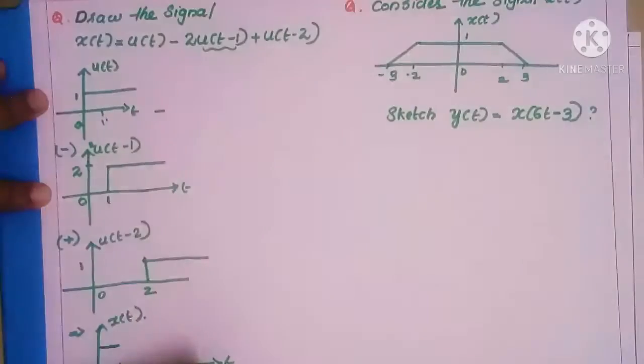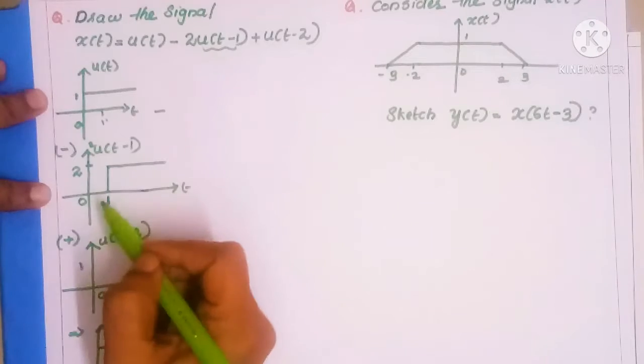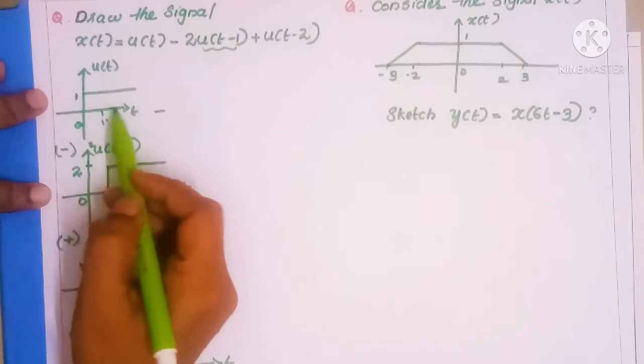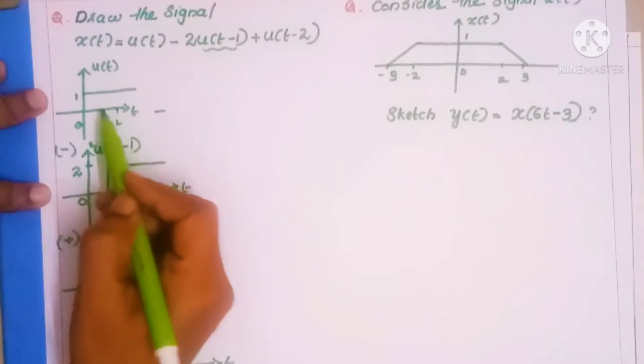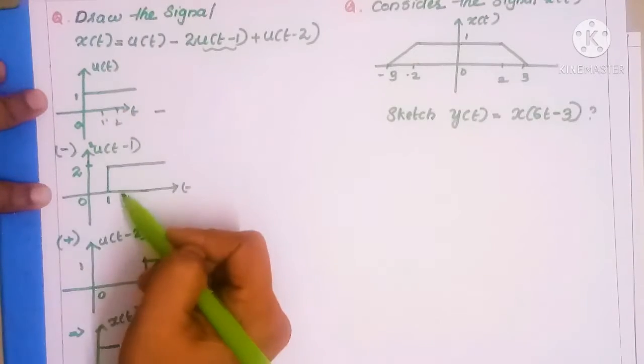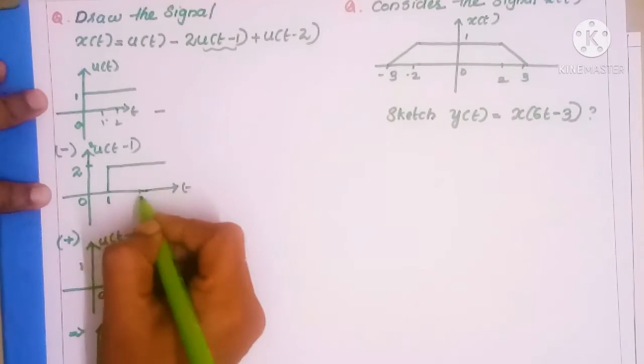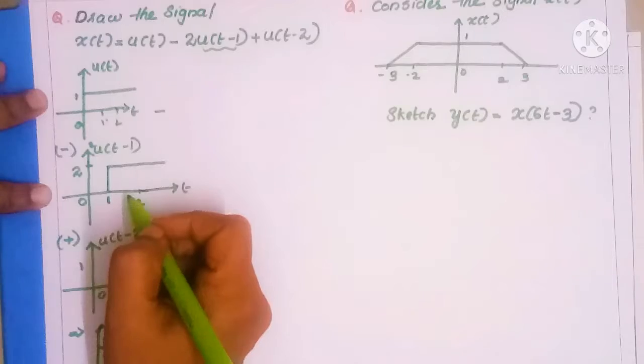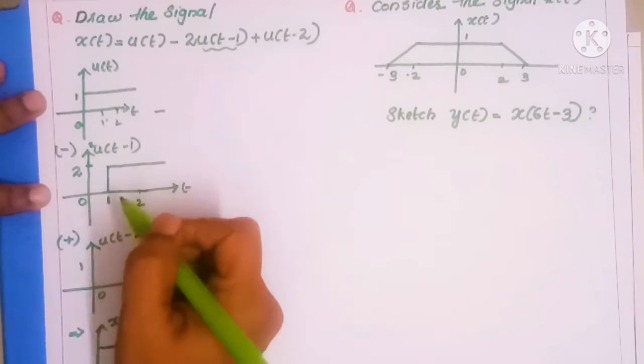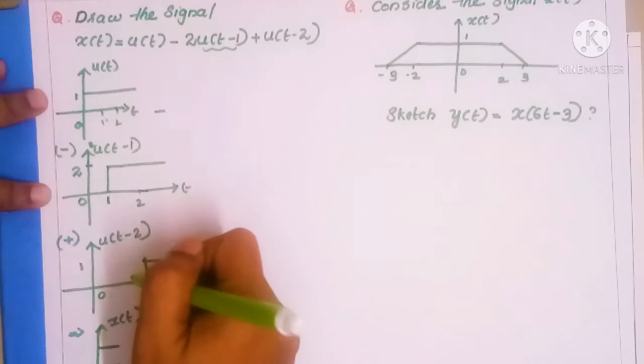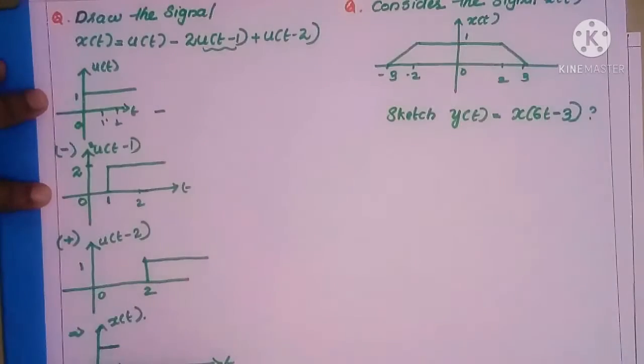Then 1 to 2, here 1, 1 minus 2. Here we can take the 2. 1 minus 2 becomes minus 1. Then minus 1 plus 0, minus 1. So 1 to 2 becomes minus 1.